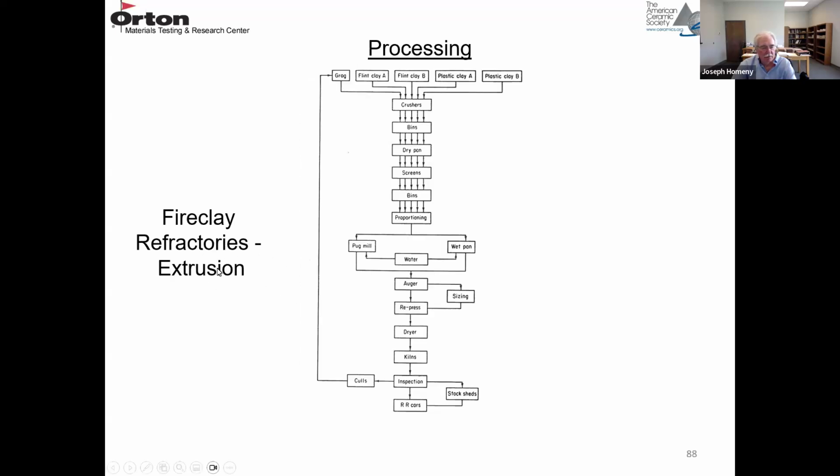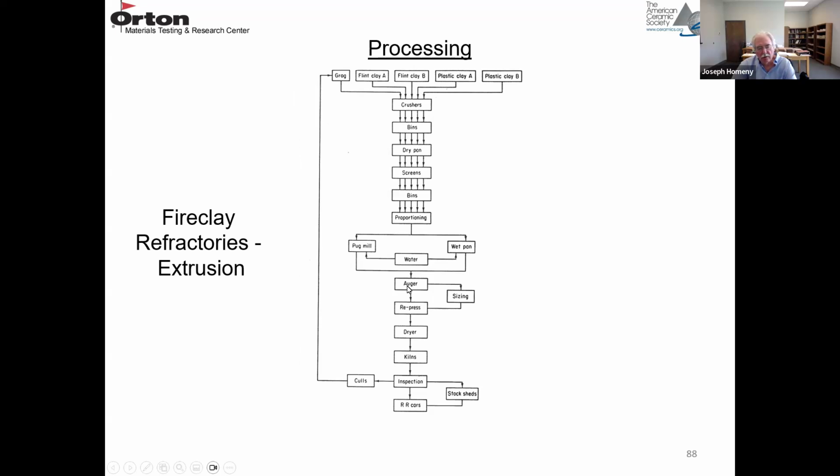The other one is just extrusion. Again, the same kind of raw materials, and the same kind of crushing, screening, and proportioning operations. They may go into a pug mill or a wet pan, which are two pieces of equipment where the raw material is mixed with water, and you have a plastic mass.